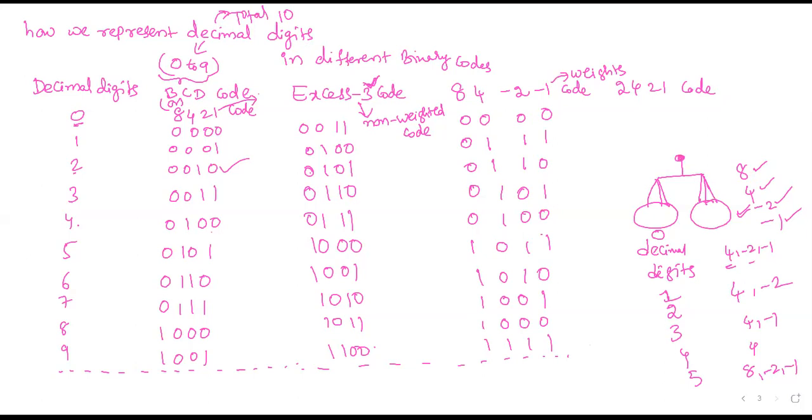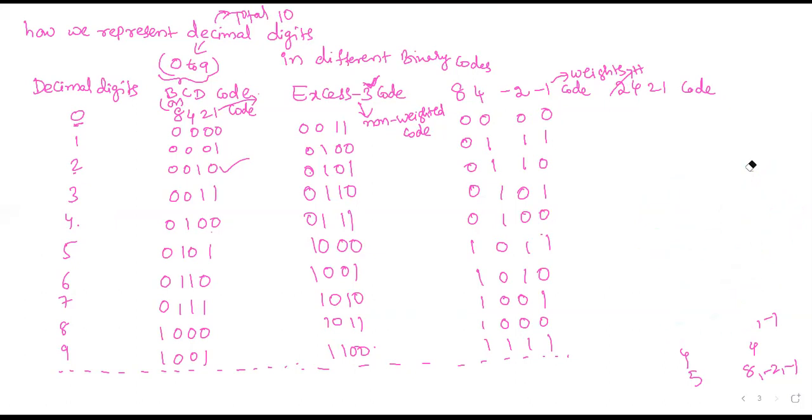Now, similarly, 2 4 2 1. And remember this first letter as H. What is this H? H indicates half of the decimal digits: this first digit is 0 for half of the decimal digits.